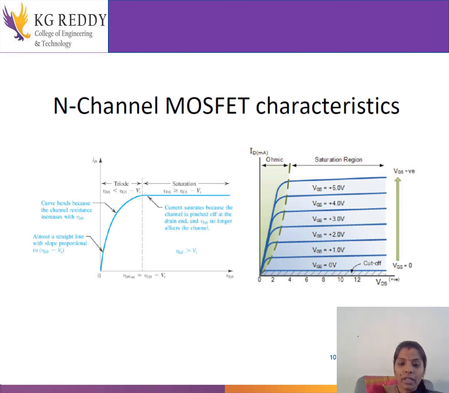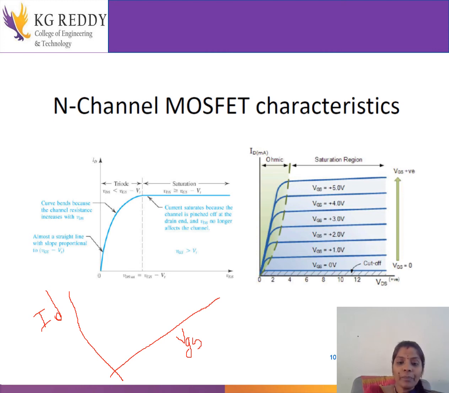This is I_D, where I_D means drain current, and this is V_GS. As of now I'm drawing the input characteristics.